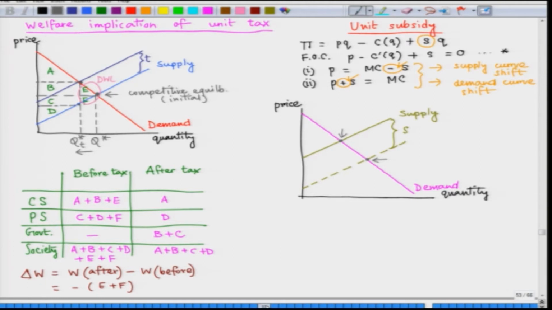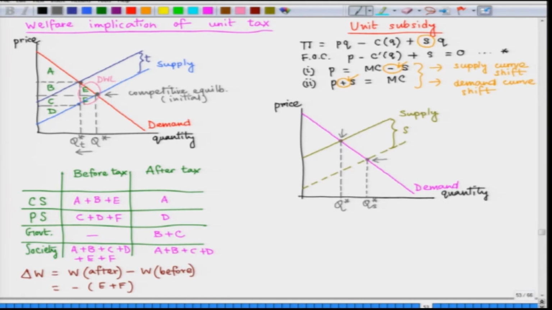So, now let us plot the competitive equilibrium level Q star, and then after subsidy imposition the market outcome, that is basically Q star S, where S subscript denotes the subsidy case.